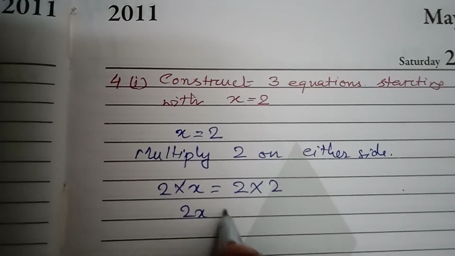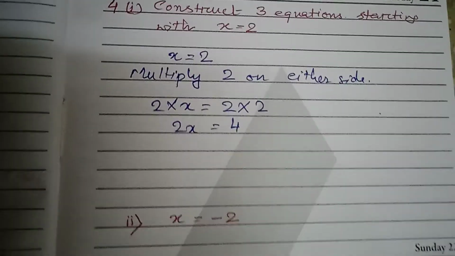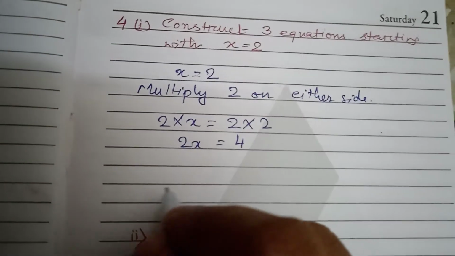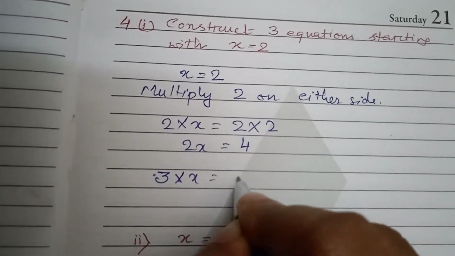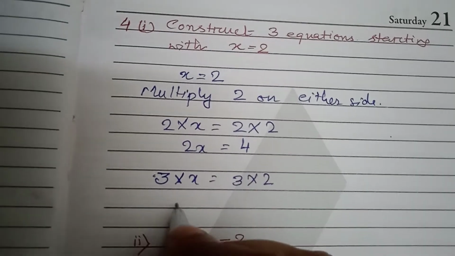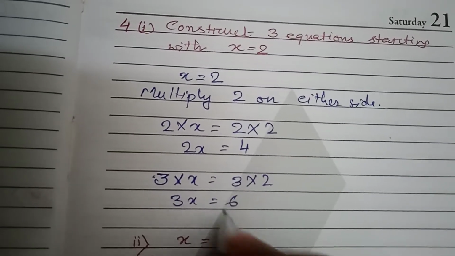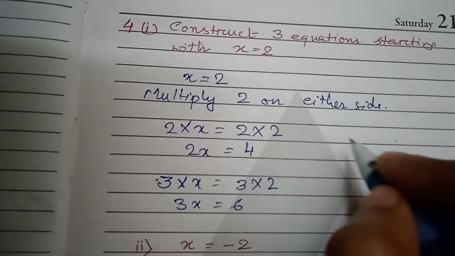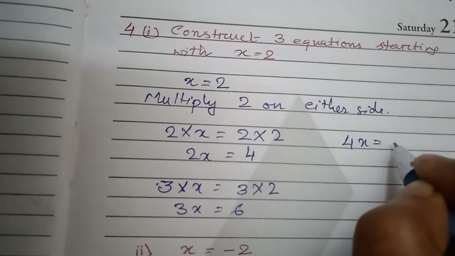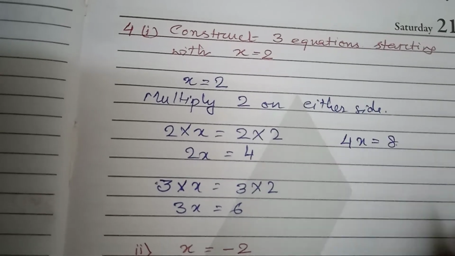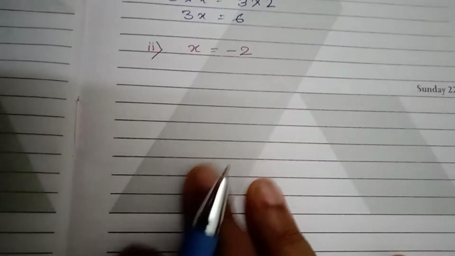So I have 2x is equal to 4. This is one equation. Similarly, I can multiply 3 on either side. 3 into x is equal to 3 into 2, which makes 3x is equal to 6. I can multiply 4 on either side. So I get 4x is equal to 8. Something like this.